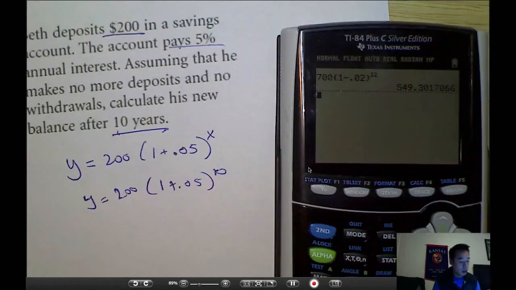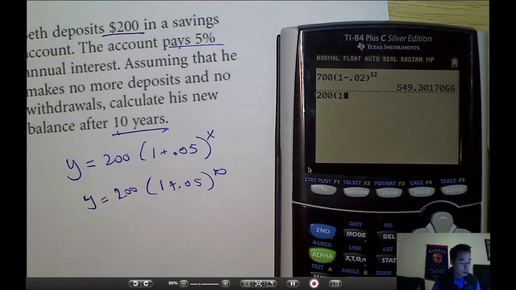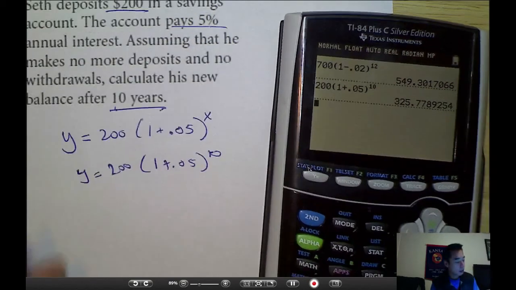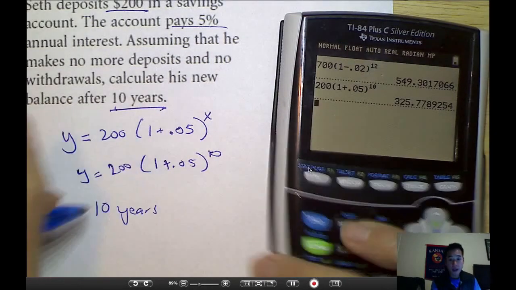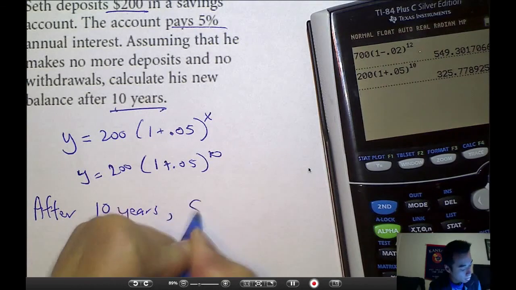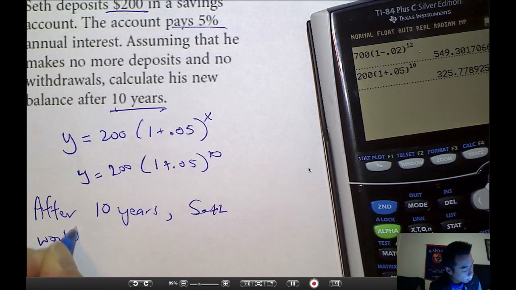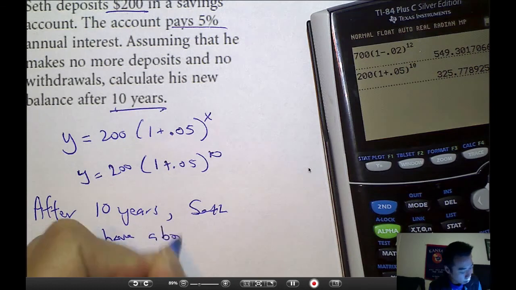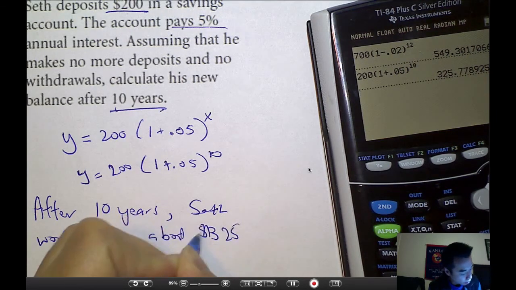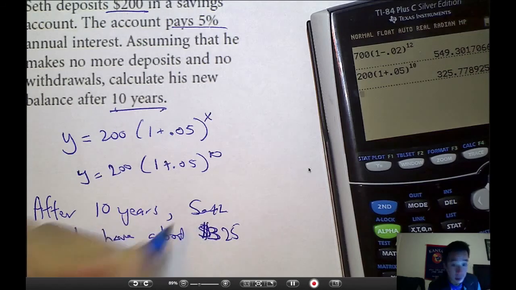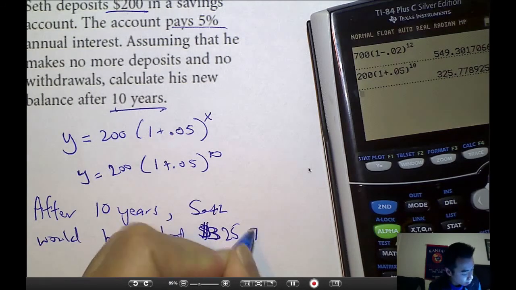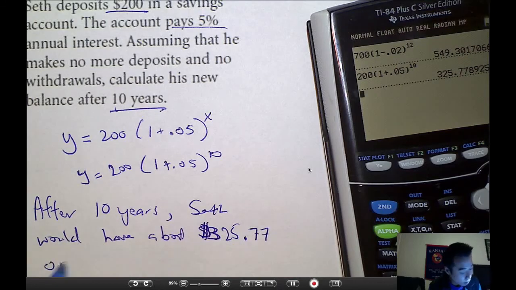You just go 200 times 1 plus 0.05 to the power of 10 for 10 years, and after 10 years, Seth would have about $325.77, or if we rounded to the nearest hundredth, $325.78.